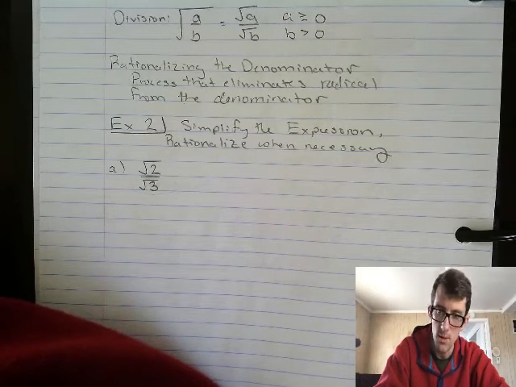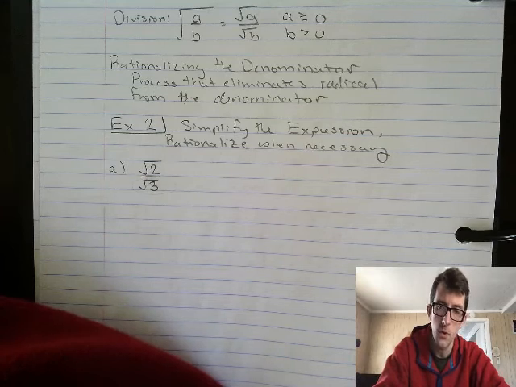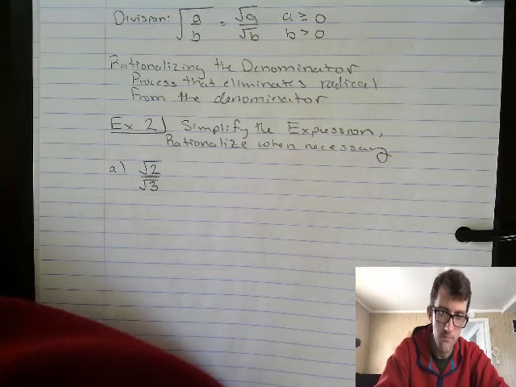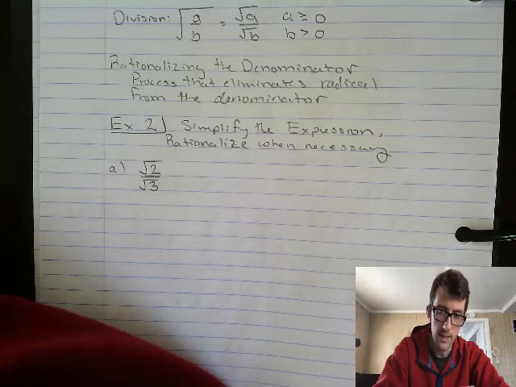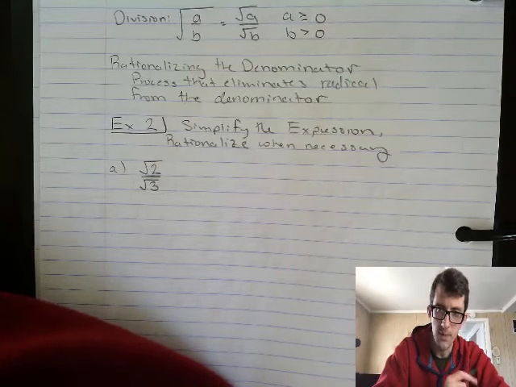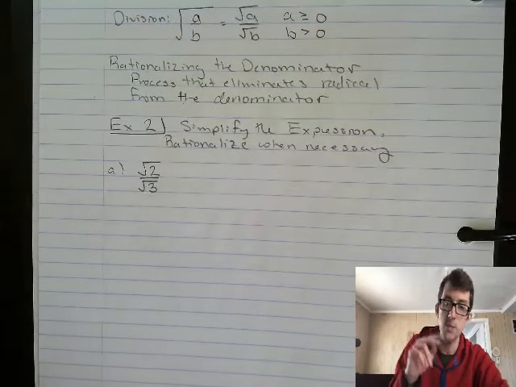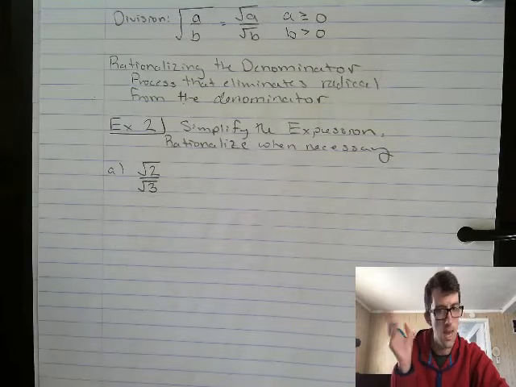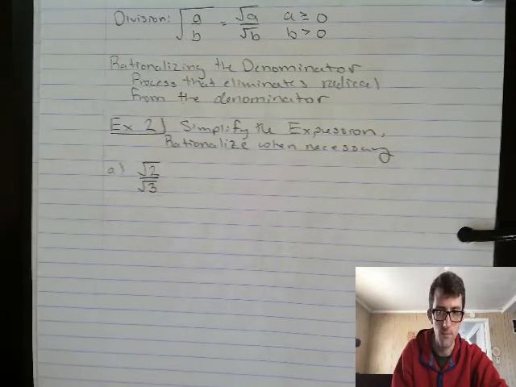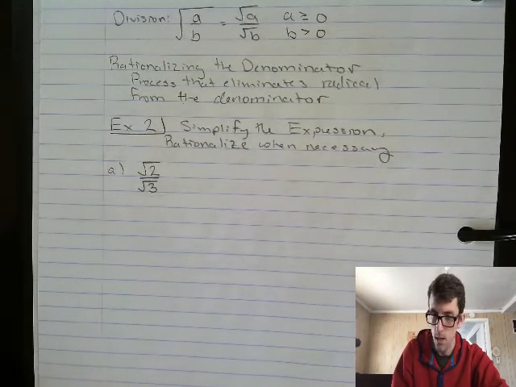Let's remember what happened yesterday when we multiplied radicals with the same value. Like in the last example yesterday, we did the square root of 5 times the square root of 5 gave us 5.